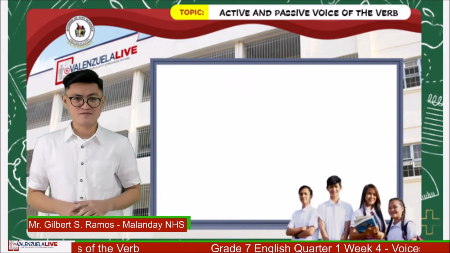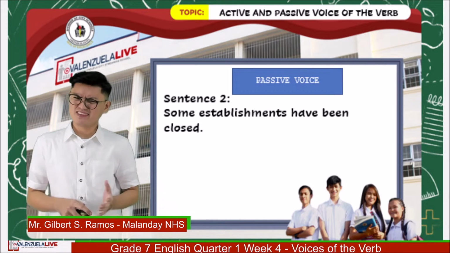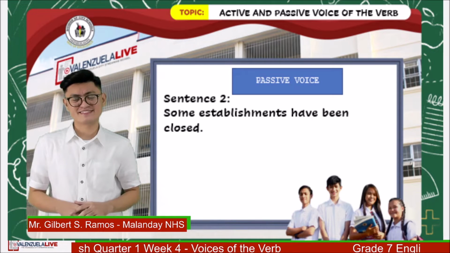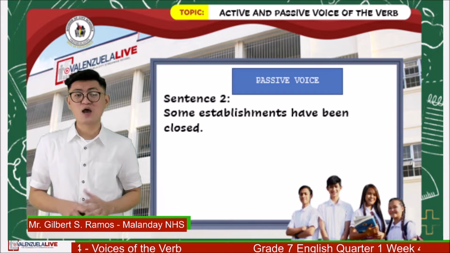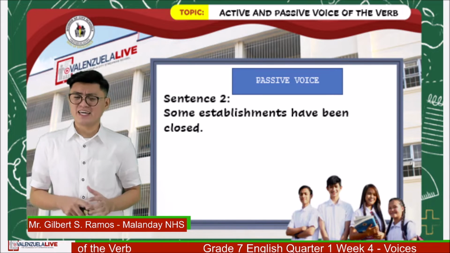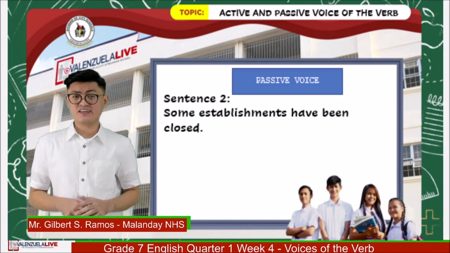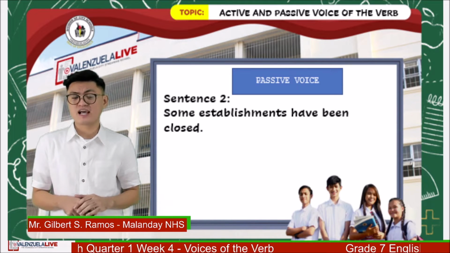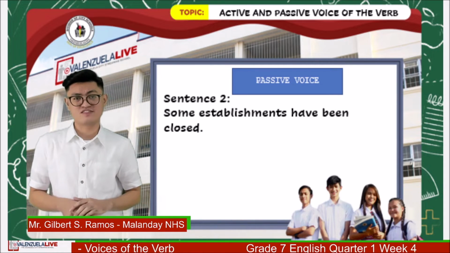Let us have sentence number 2. Does the subject perform the action? No. In this sentence, the actor of the action is missing. So we have to look for a subject that is within the context of the sentence.